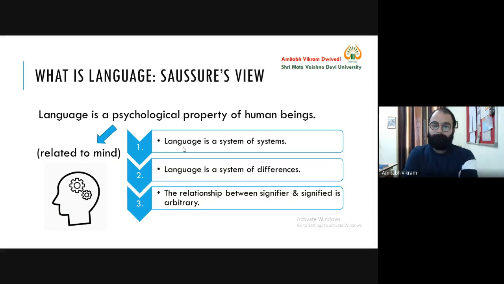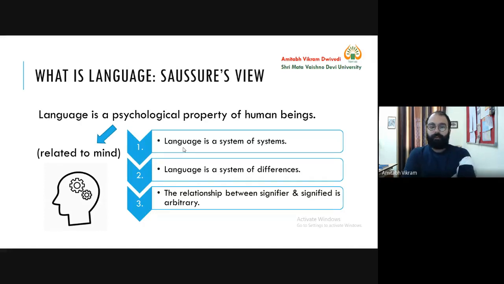Now, we will look at what language is from the Saussurean point of view. Ferdinand de Saussure, a Swiss linguist, is known as the father of modern linguistics. What Ferdinand de Saussure says is that language is a psychological property of human beings.